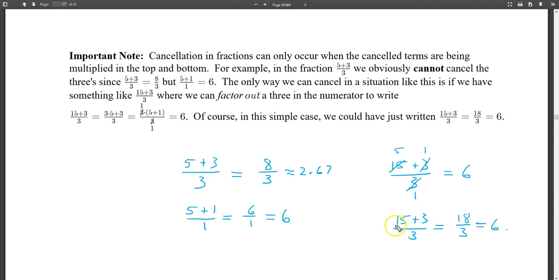So you have to be very careful when you cancel. If you have an addition right here, you cannot just cancel one of the terms in the numerator with something in the denominator. You have to cancel something with each term in the numerator, like over here. So you just have to be careful.